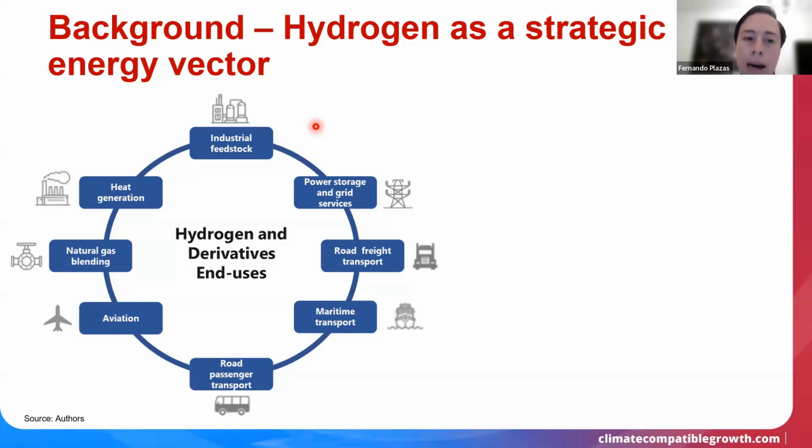Also, we can use hydrogen in combination with natural gas for essentially the same uses as natural gas, that is heat generation or cooking services, etc. Also, hydrogen could be used as a fuel for different transport modes: aviation, roads, maritime, so it's an important alternative for transport.